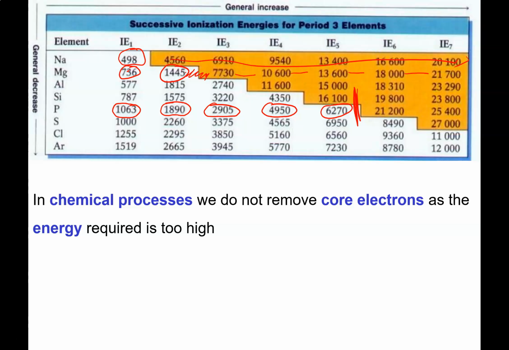So that's how we can tell by looking at ionization energies how many valence electrons an atom has. Now, it's worth noting that in chemical processes, because the energies to remove these core electrons are so big, chemical reactions are not capable of removing core electrons. We have to do other stuff to make that happen.